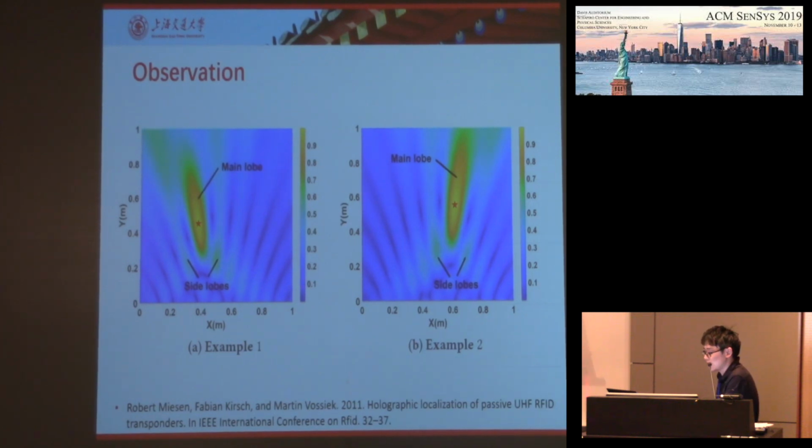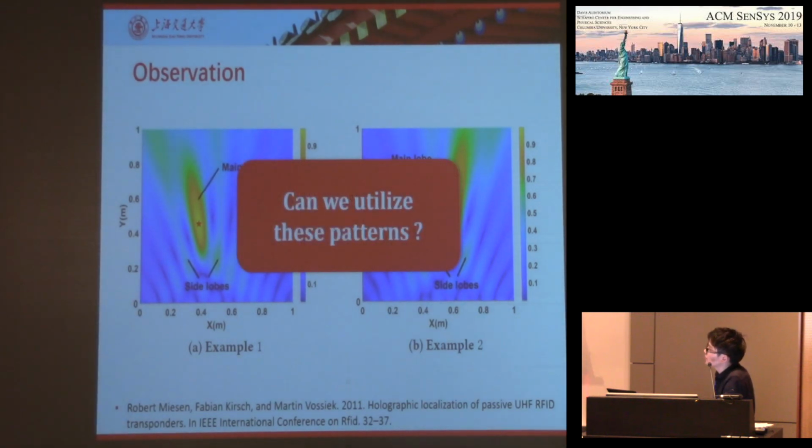These observations are apparent, but they also show that there are a lot of important patterns which can reveal the true tag positions. So we raise a question: can we utilize these patterns to improve the accuracy and solve the problems of multipath effects?